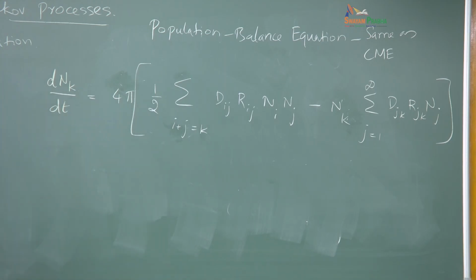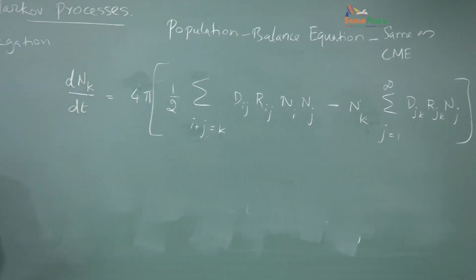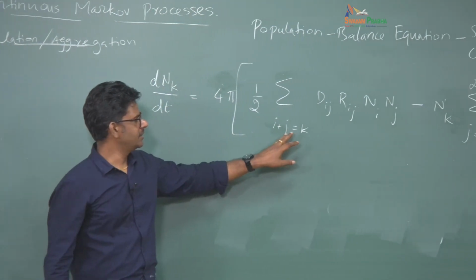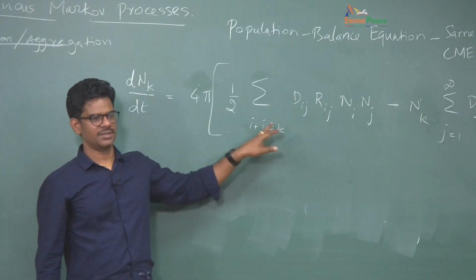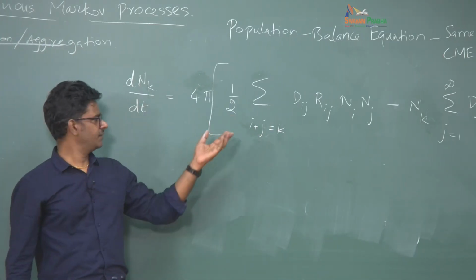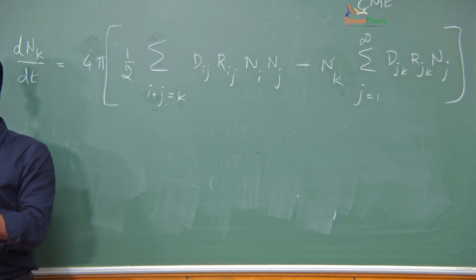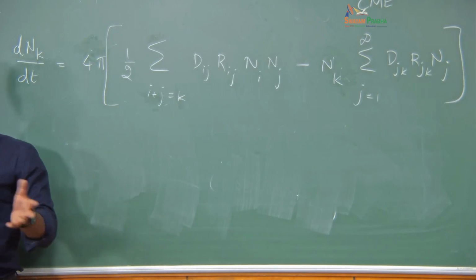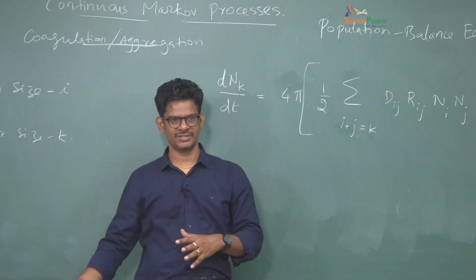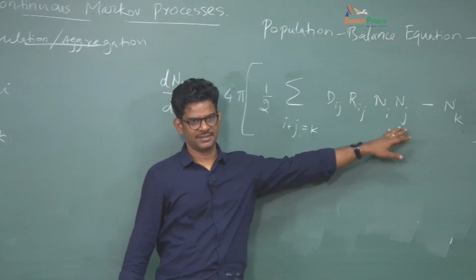So what we are saying is a cluster of size k can form whenever two populations collide with each other such that i plus j is equal to k. Suppose k is 10, you have different combinations of collisions leading to a cluster of size 10: 1 and 9, 2 and 8, 3 and 7, etc. So this term captures that.